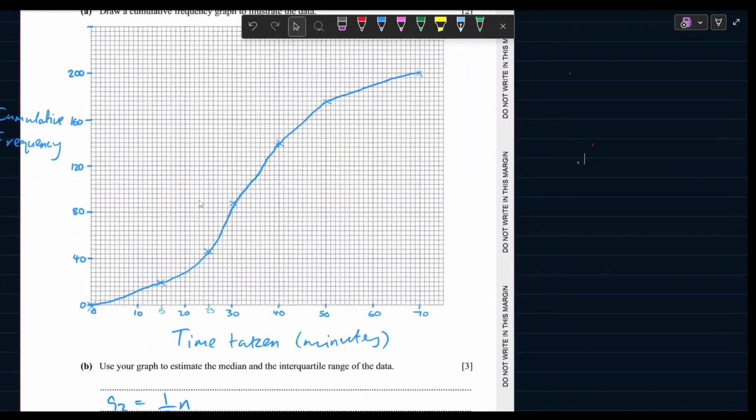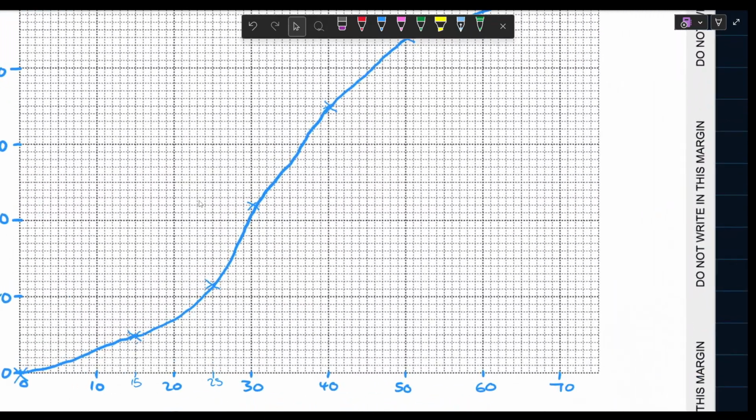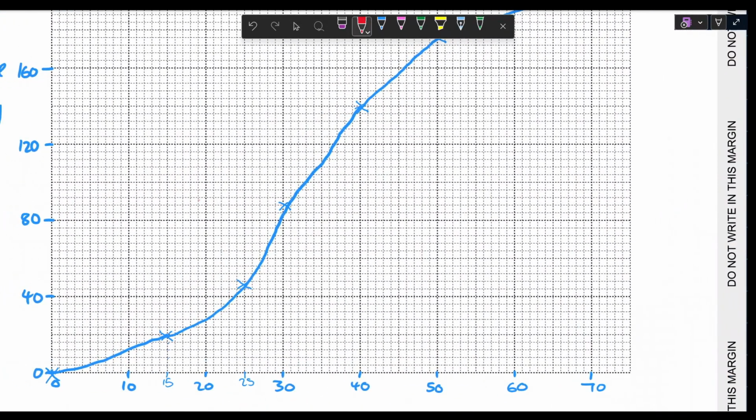Let me just zoom in. 100 is going to be in the middle. This will be 100 right there. So we're drawing our lines to the curve all the way up to right here, and then we start going down. You should be using a ruler for these construction lines.